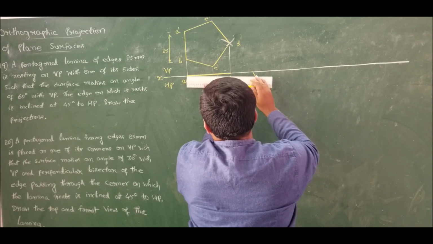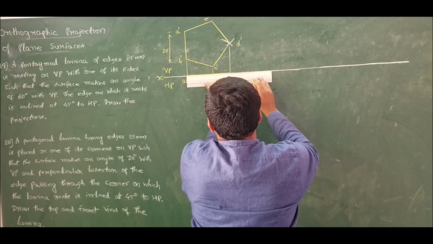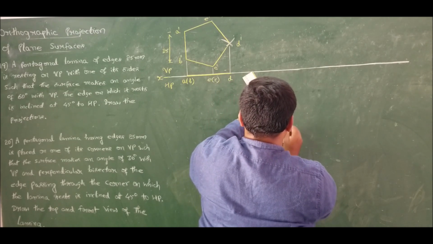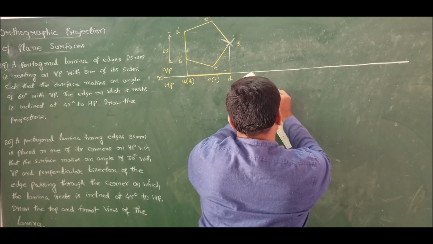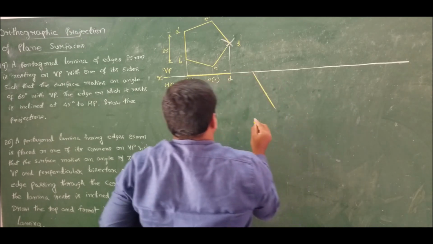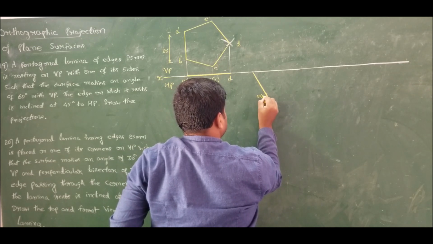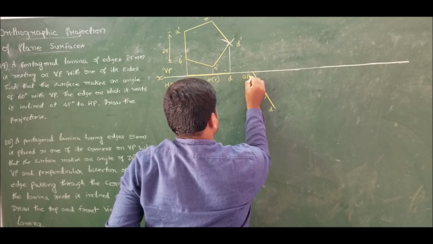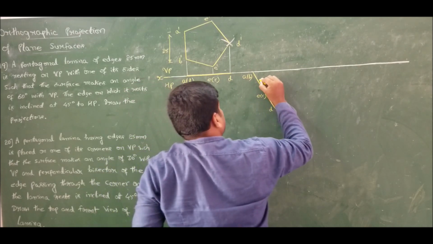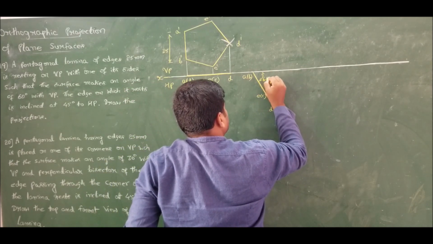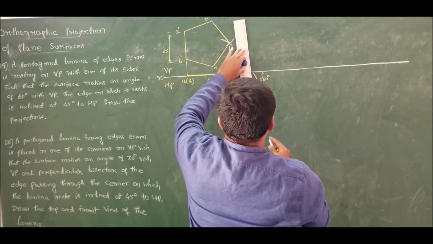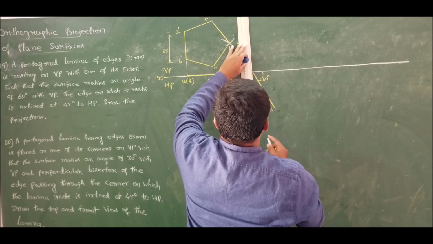Done. You also transfer the points. This is E and C, this is D and this is AB, and this angle is specified as 60 degrees. Done.